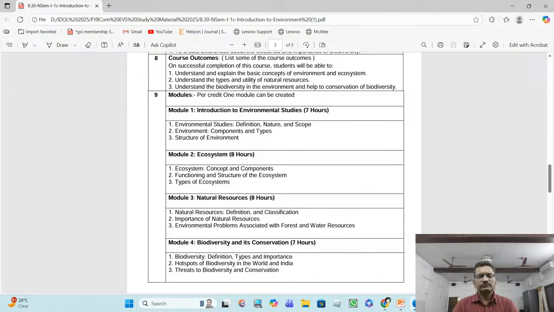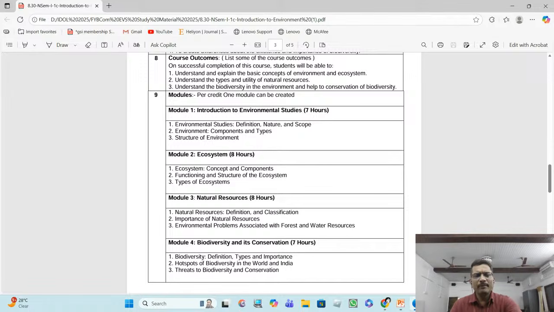The fourth module is about biodiversity and its conservation, wherein we will talk about the concept of biodiversity and the different levels or types of biodiversity, including species diversity, genetic diversity, and ecosystem diversity. We will discuss this with the help of various examples.